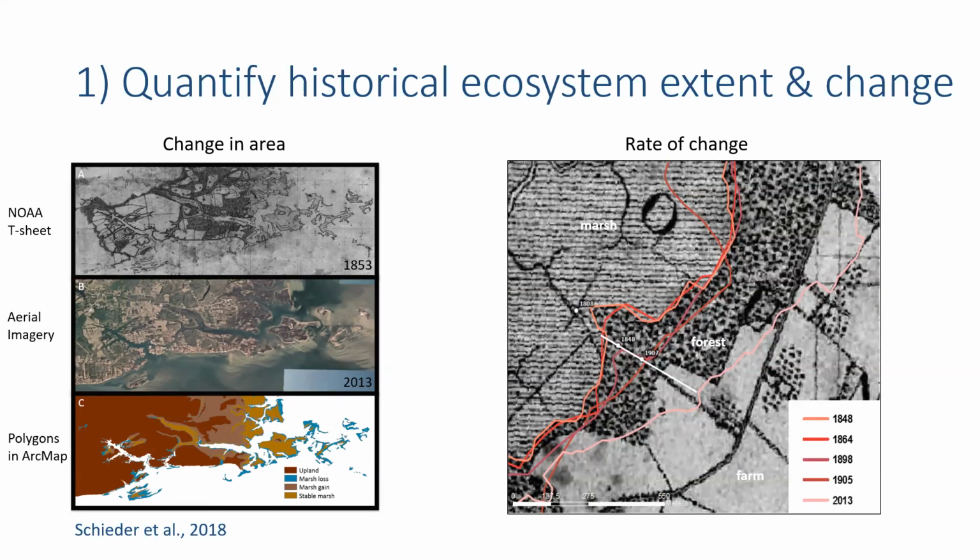And then you delineate that marsh upland boundary in each map, here shown by all of the different pink colored lines. And then once you have these lines delineated, you can calculate the distance between the lines at a certain point and divide that by the number of years between each of those maps. And that's how you get your annual rate of change, in this case in meters per year.